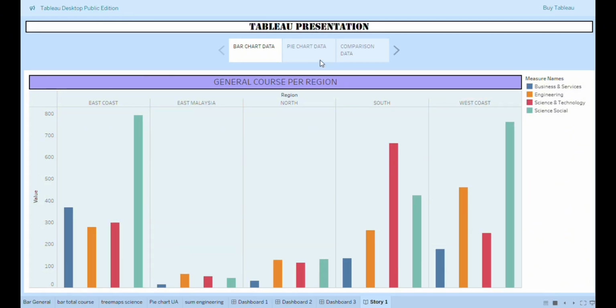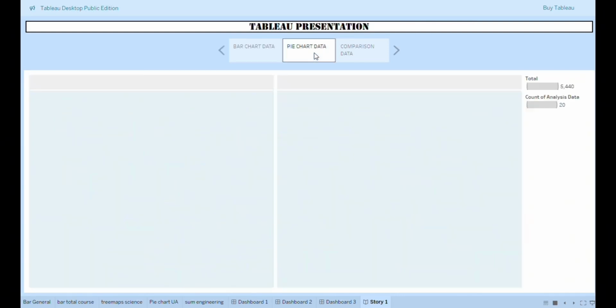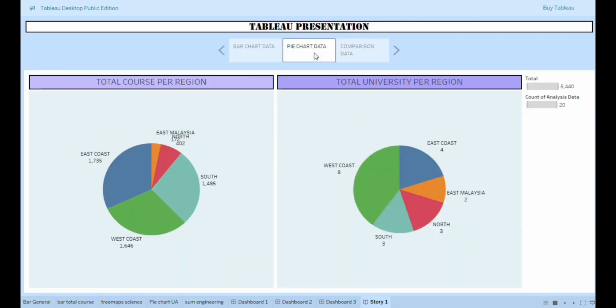Next, we move to the second part, which is pie chart data. Here, we have two types of pie chart: the first is total course per region and the second is total university per region, where the sum of courses is about 5,440 and the sum of university count in the analysis data is 20.